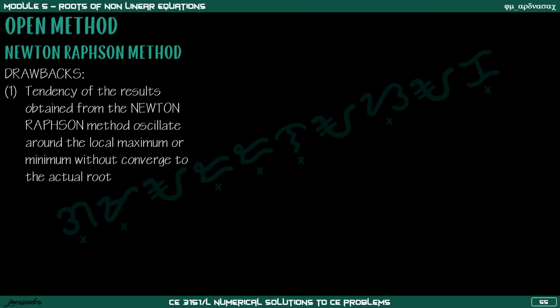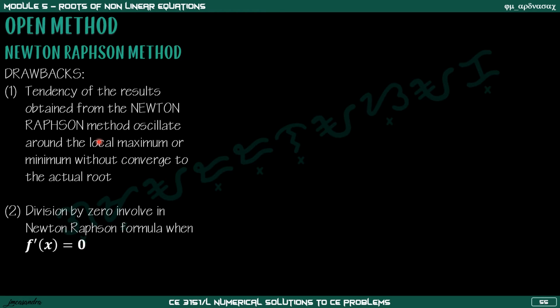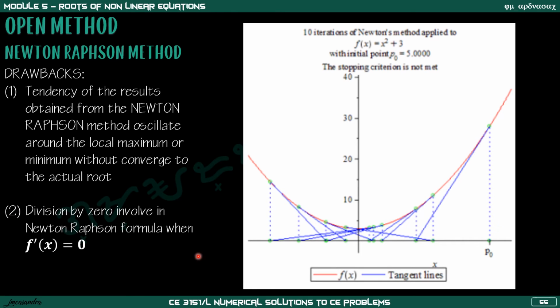Meaning, our results will be moving back and forth from a higher to a lower value, but will not be meeting on the actual root. Another drawback is division by 0: when the derivative of the function in the Newton-Raphson formula is 0, we cannot use Newton-Raphson.